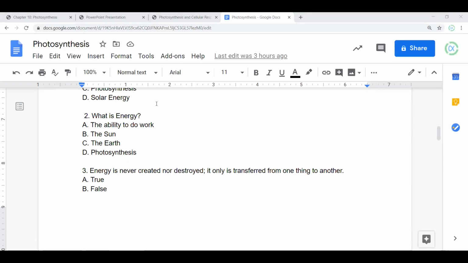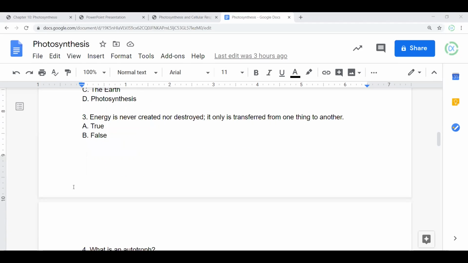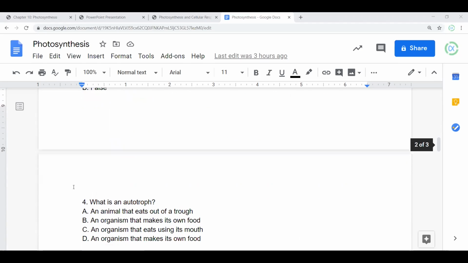Right, so the answer here was true. This is one of the principles of thermodynamics. Energy is never created or destroyed. Mass is never created or destroyed. You can only transfer it from one thing to another. So it was A. Okay, what is an autotroph?